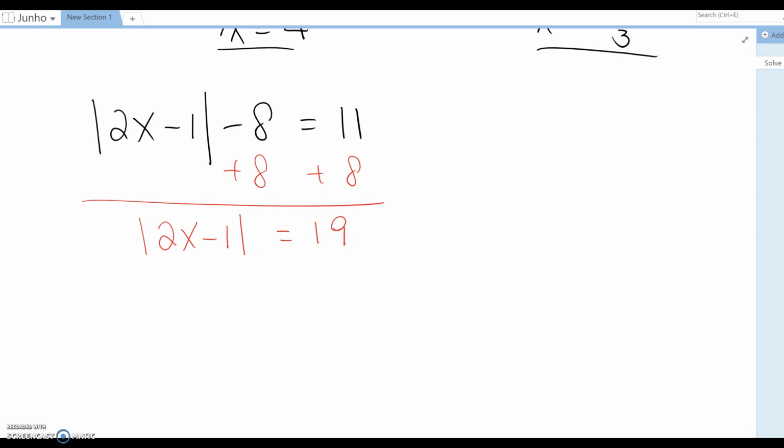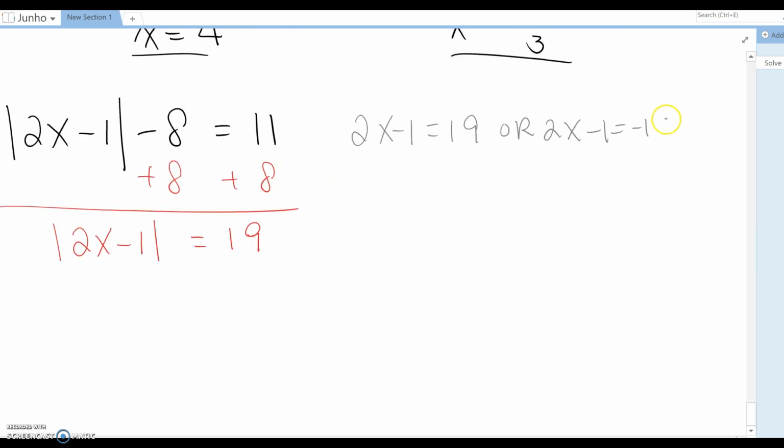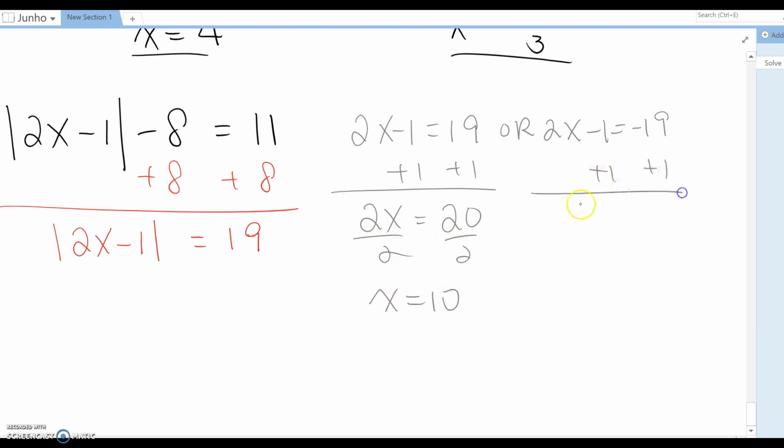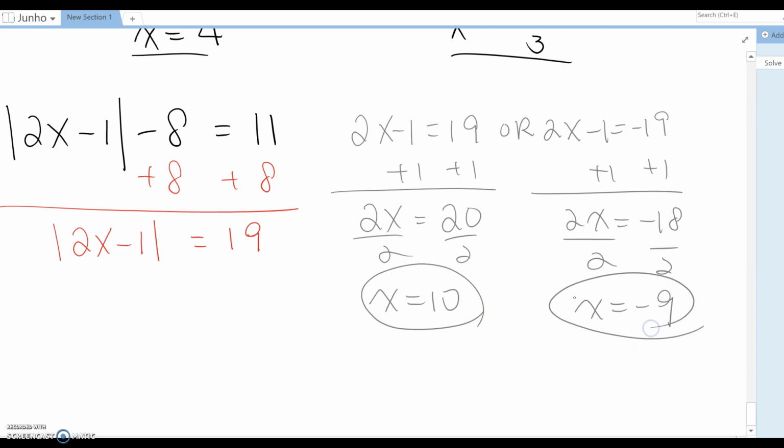It means 2x minus 1 can be 19, or 2x minus 1 becomes negative 19, basically. So let's solve it. Plus 1, then 2x equal to 20, divided by 2, so x equals 10. Or add 1, then 2x equal to negative 18, and divide by 2, then x equal to negative 9. So those two are the answers for the question.